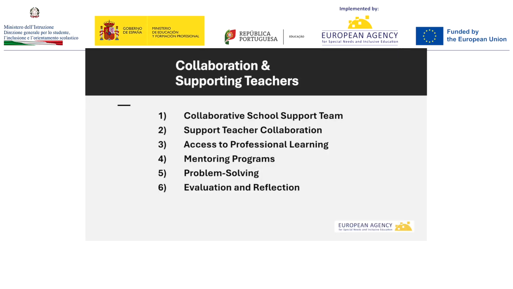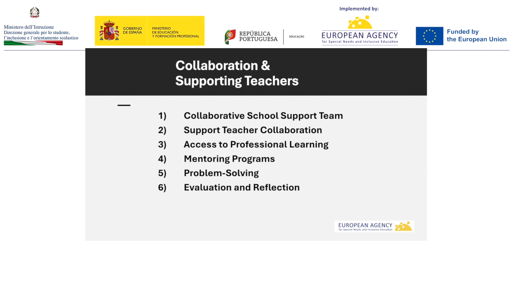So there are six elements that I've identified that relate to supporting teachers and things that should be monitored and looked at to determine whether or not they're being supported effectively. The first is that there's a collaborative school support team, and I'll talk about that in a few minutes.